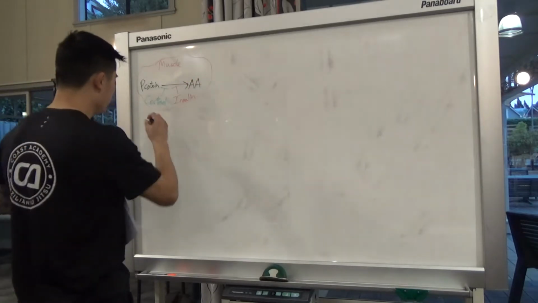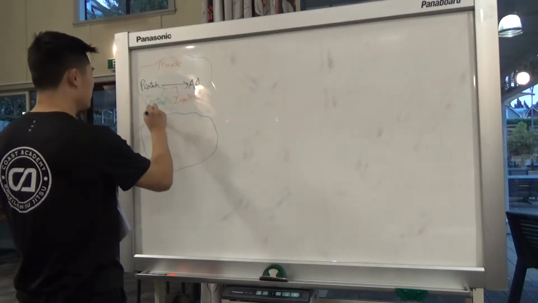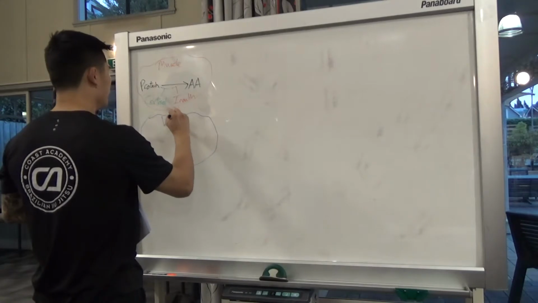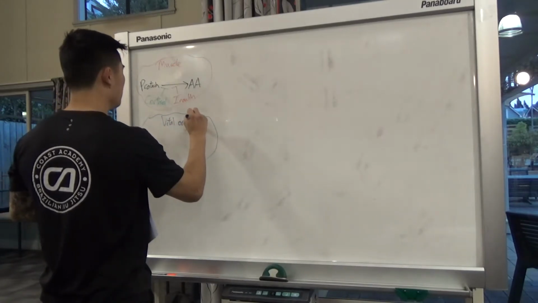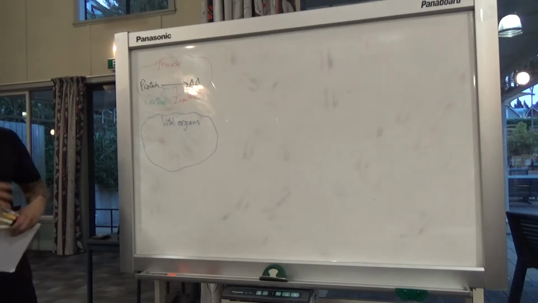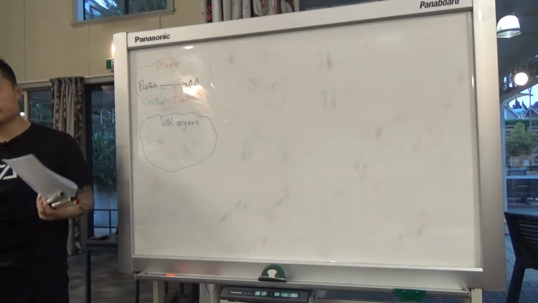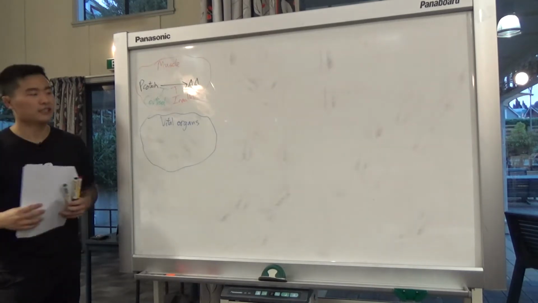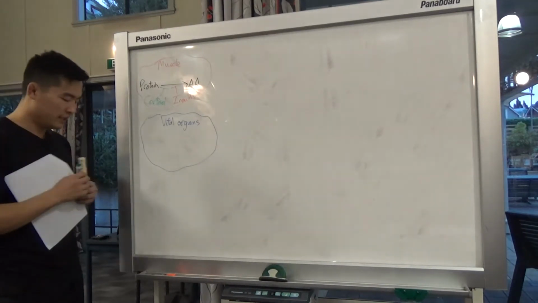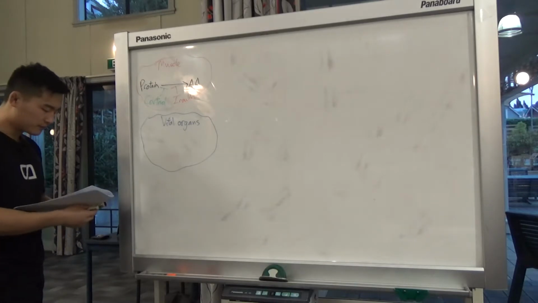And then you have your vital organs, right? So those are things like your kidneys, your stomach, your spleen, your lungs, all those important organs.